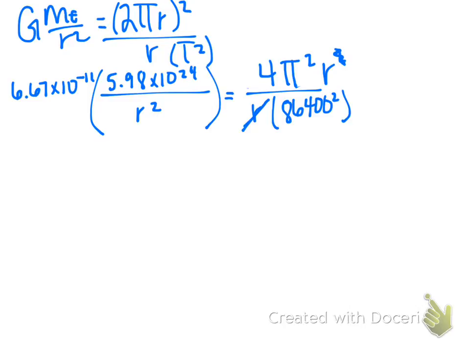Algebraically, there's lots of ways that we could go here. Anyone have a preference? I kind of want to get rid of fractions. I don't like fractions. So I'm going to multiply by this on both sides, times g.